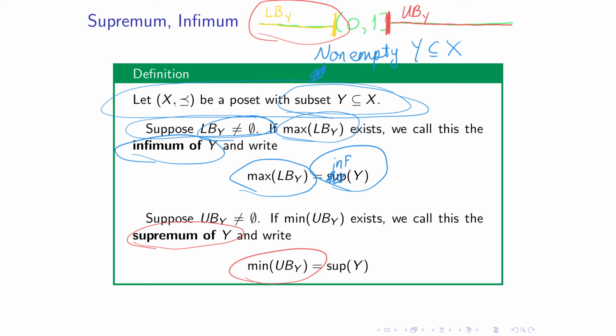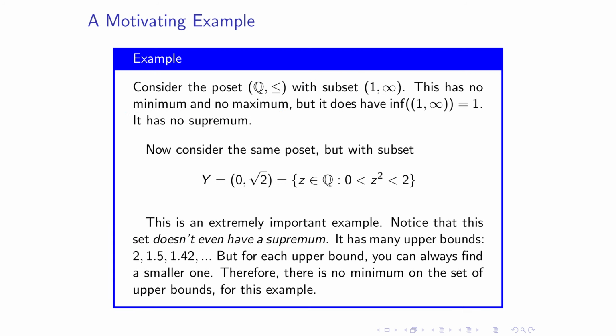So all minima are infima, but not all infima are minima. But let's briefly take a moment to appreciate how important this is for the concept of the real numbers.